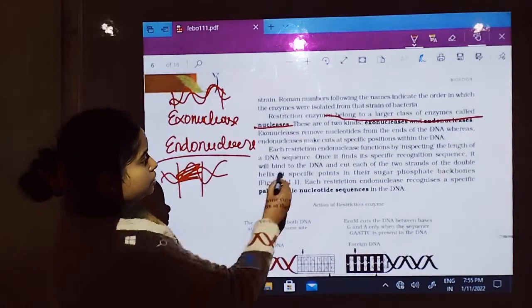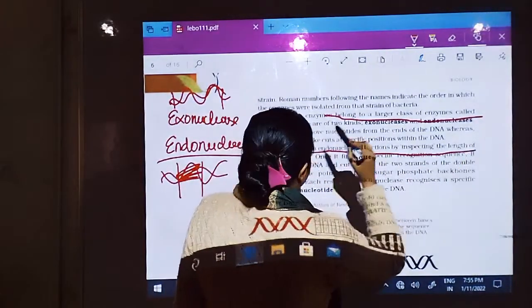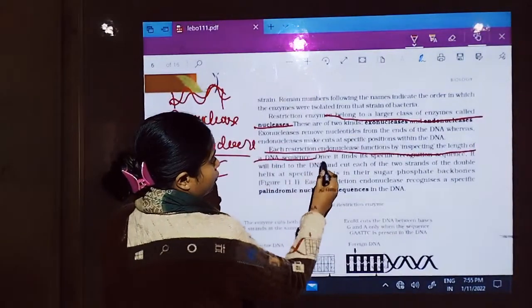Now each restriction endonuclease functions by inspecting the length of the DNA sequence.